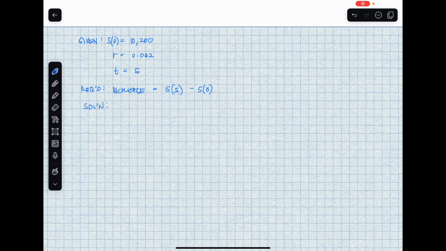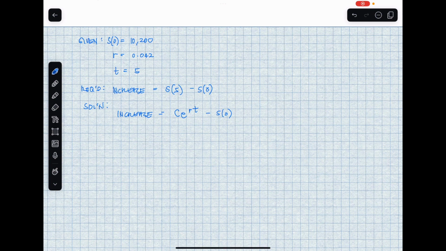So we can use the formula. Right away, the increase would be equal to S of 5, so we have C e^(rt), minus S of 0.